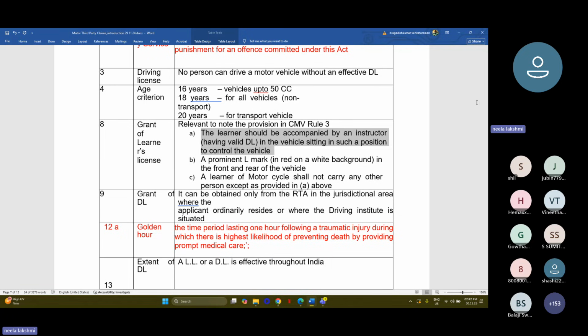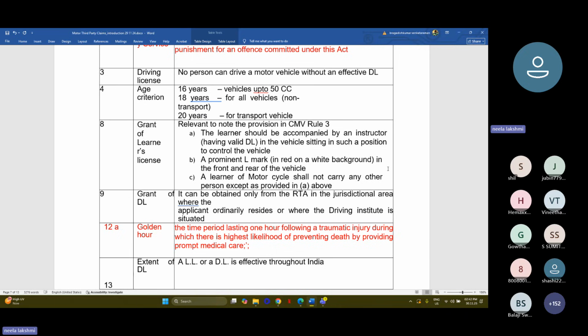This is the first condition. The next condition is a prominent L mark, in red on a white background, in front and rear of the vehicle. The L mark should be displayed on the vehicle on the front as well as the rear side.